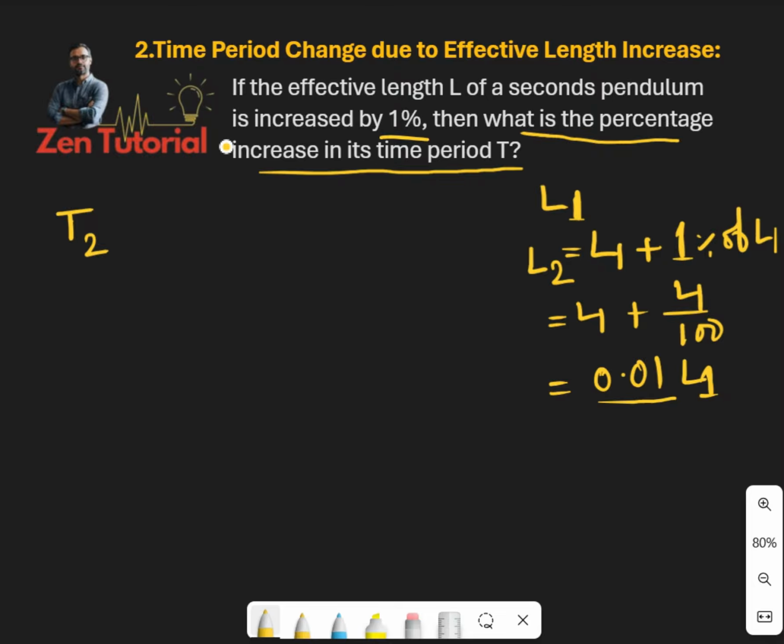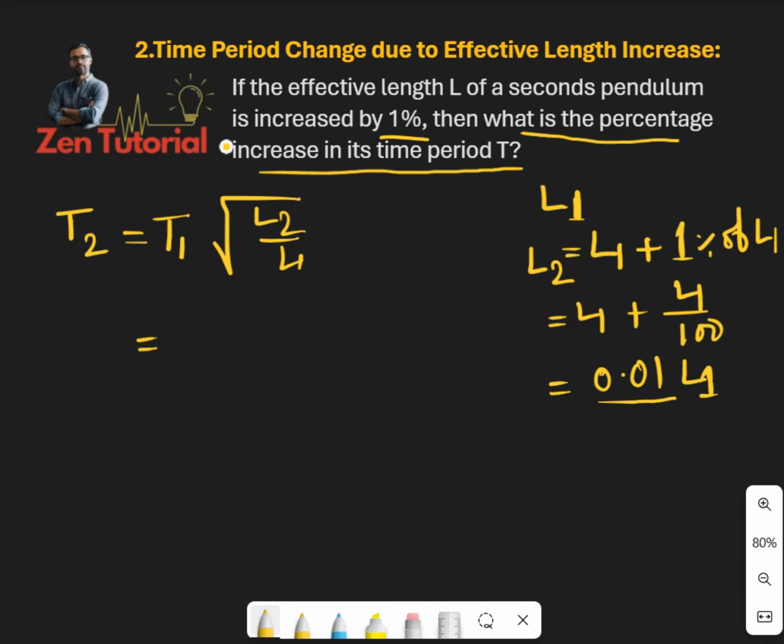second pendulum actually? So T2 is equal to T1 times the square root of L2 by L1, from the equation we got.